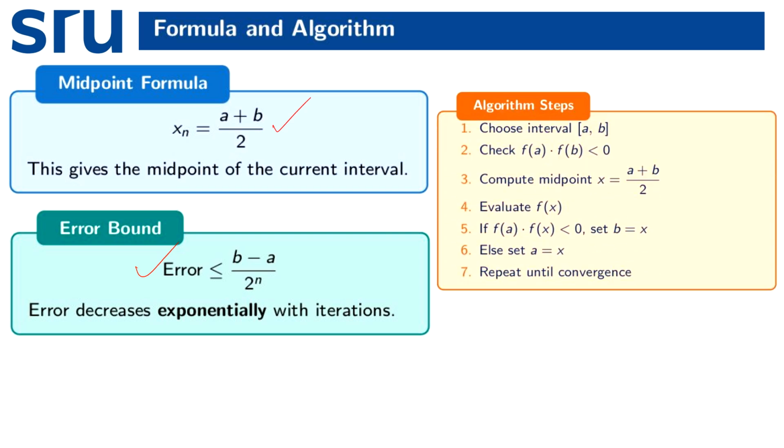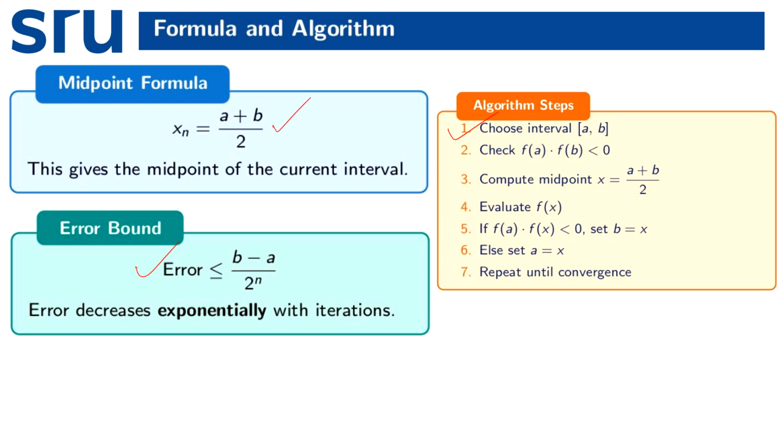Now let us move to the algorithm steps. This is what you should remember for exams. In step 1, you start by choosing the interval a comma b.